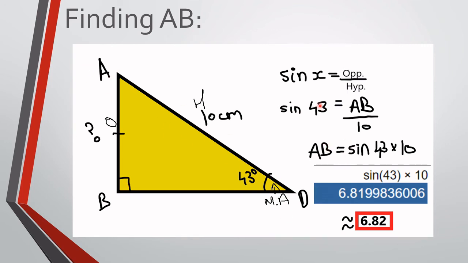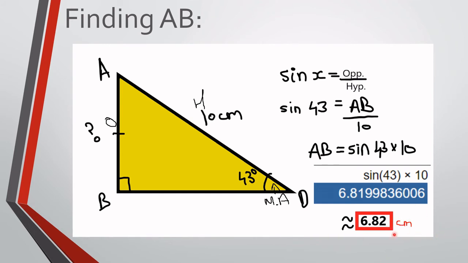So AB equals sine 43 into 10. This is how it will look after you input into your calculator, and this is the value you will get, 6.8199, a big value. You have to round it to 2 dp, 6.82. One thing I have forgotten here is cm, and I forgot it purposely so that you never forget it.